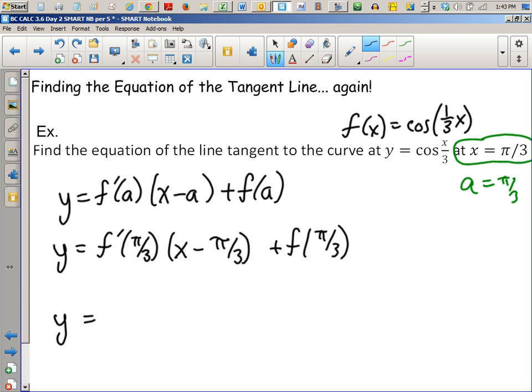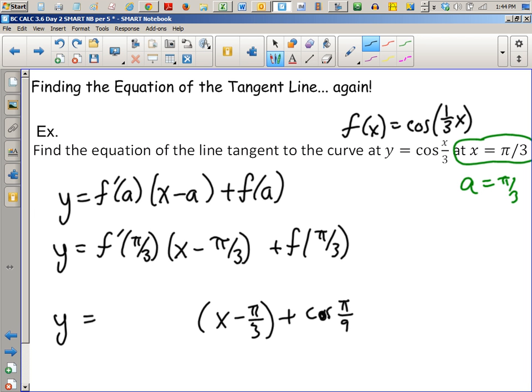But I definitely know what this last part of the problem is. It says f of pi over 3. That's just cosine of pi over 9. Cos pi over 9. And since that's not a unit circle angle, I think I'll just leave it like that. At the end, maybe I'll go back and get my calculator out and see what that is. Then this part, as you know, is just part of the equation, so just leave that there.